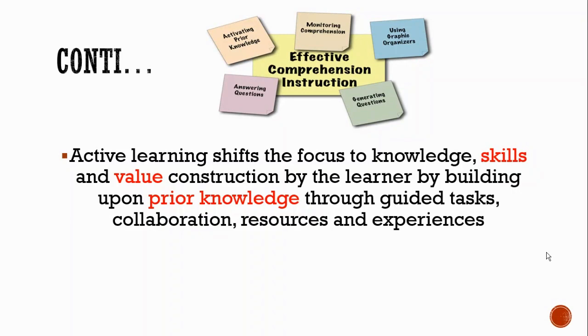So it's always good to pretest that knowledge, and you can do this through guided tasks, collaboration, resources, and experiences. So we are coming from the known to the unknown. So it's good to pretest the learner's prior knowledge about the topic that is being discussed.